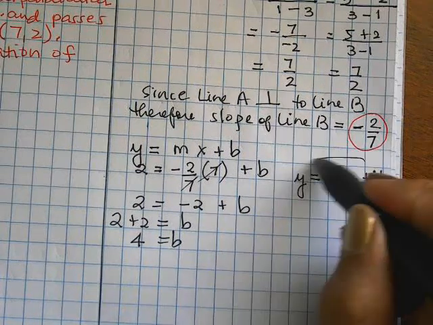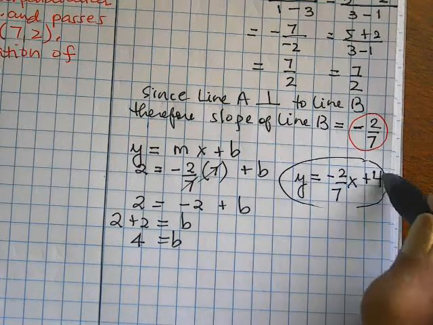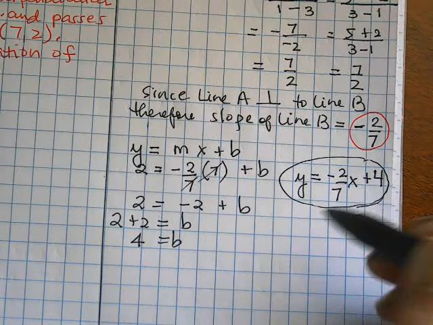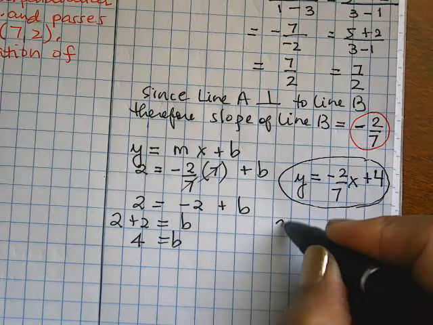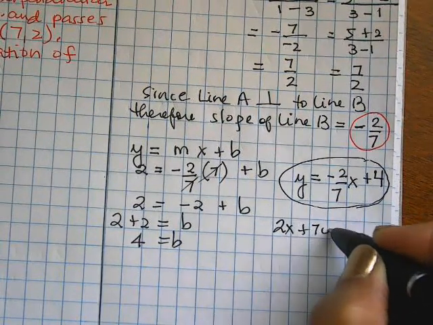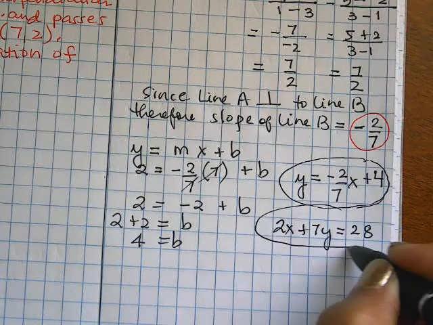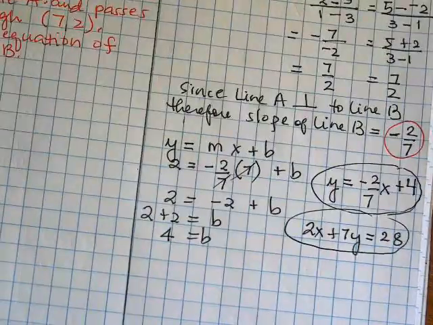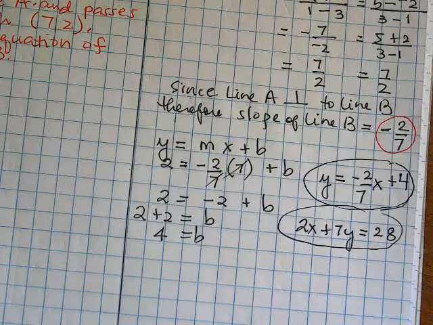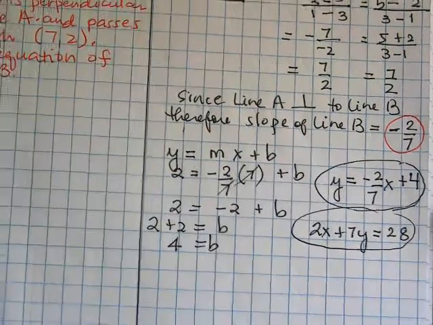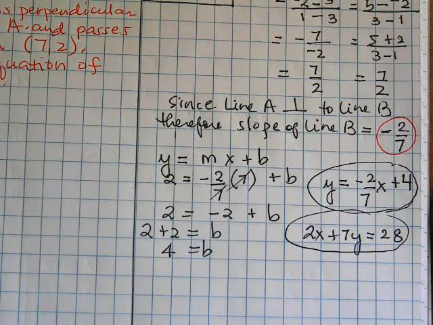Multiply everything by 7. Then move the x here. You're going to have 2x plus 7y equals 28. Try to come up with that, okay? 2x plus 7y equals 28. So I hope with these 5 problems, you have learned how to write equations of lines.